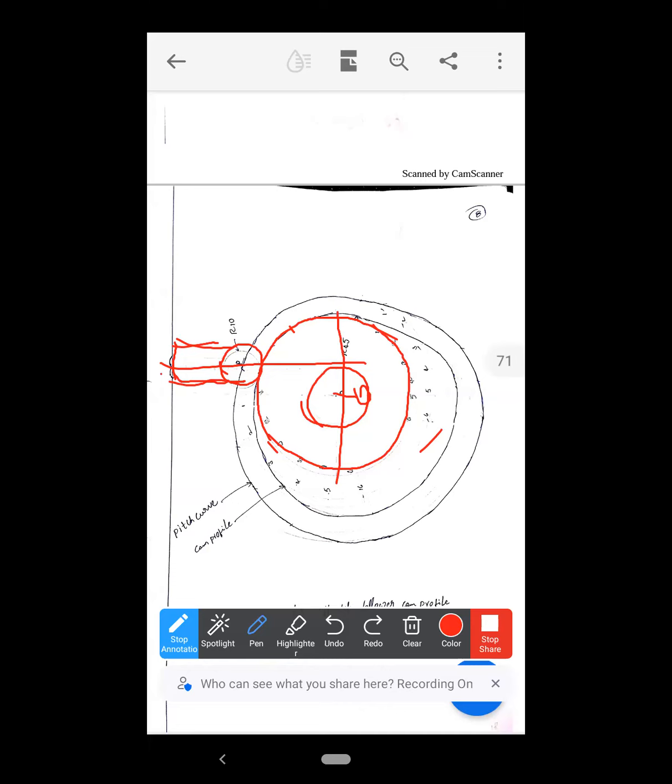Then join O to A. This is the trace point.